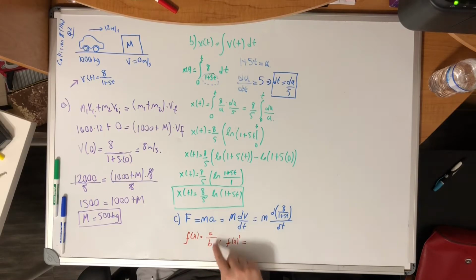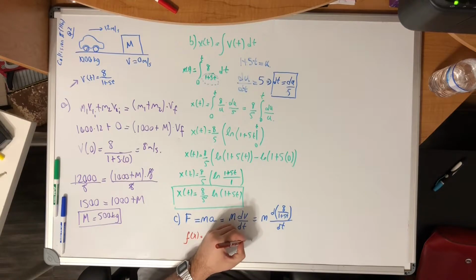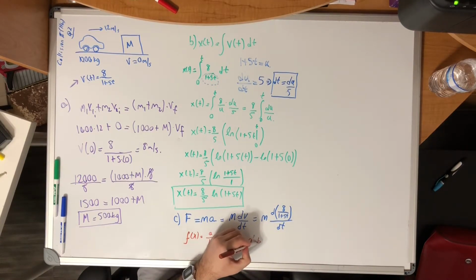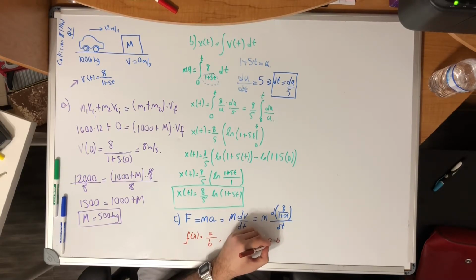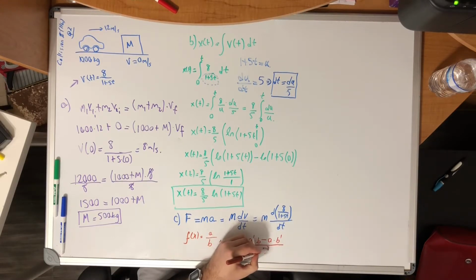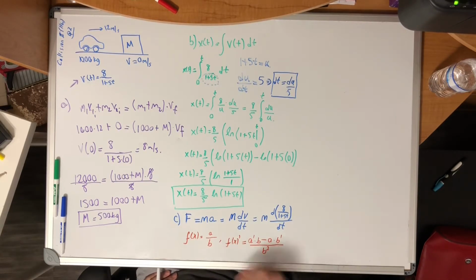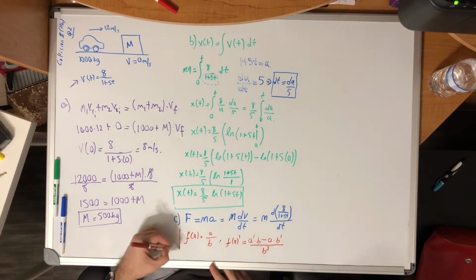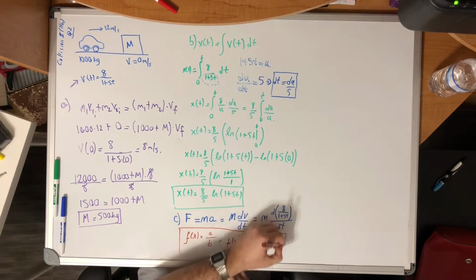If it's a over b, the way that you take the derivative is: derivative of the numerator times the denominator, minus the numerator times the derivative of the denominator, divided by the square of the denominator. This is basically how you take the derivative of a division function. So this is a rule. If you don't have it in your notes, put that in your notes.